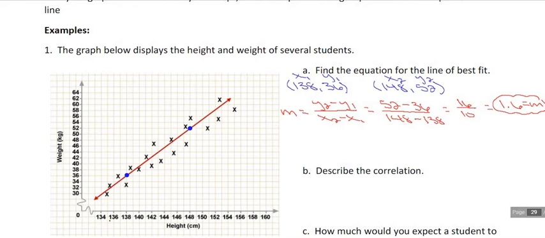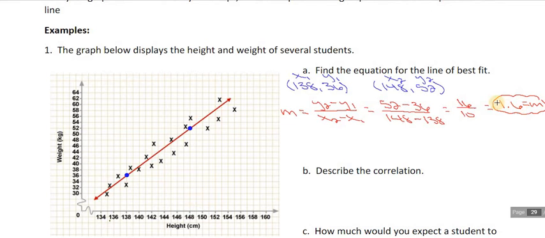Now, if I think about what that slope means, slope is change in y over change in x. 1.6, an increase of 1.6 kilograms per centimeter. Y over x, 1.6 kilograms per centimeter.